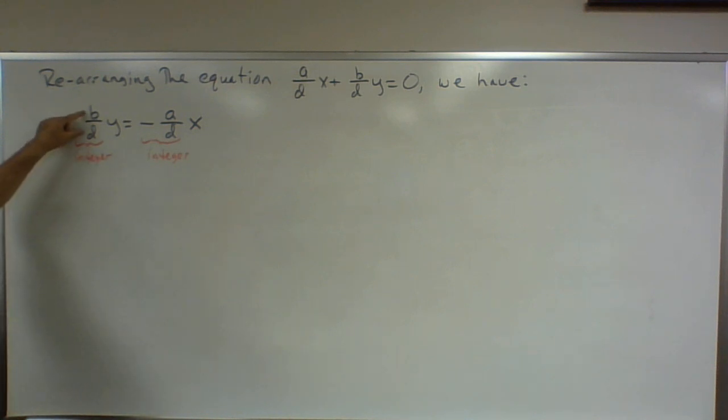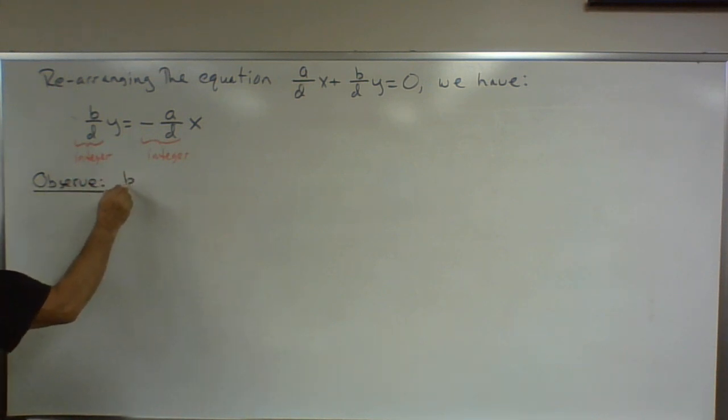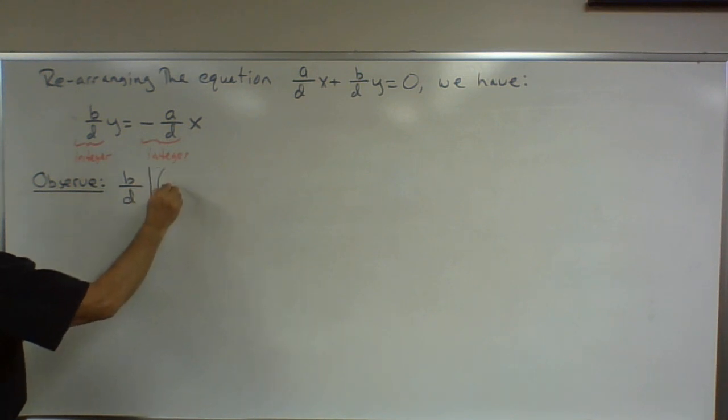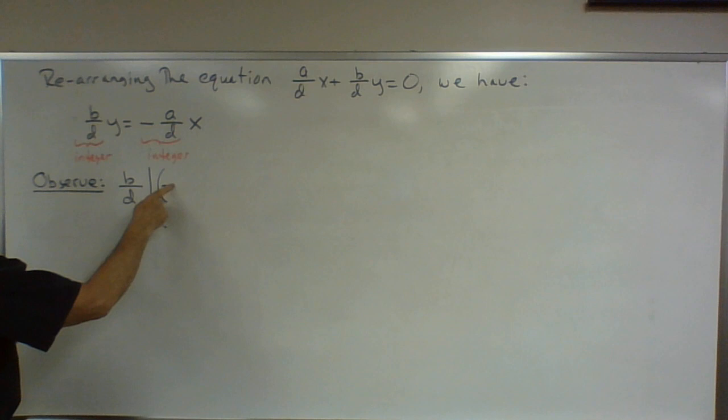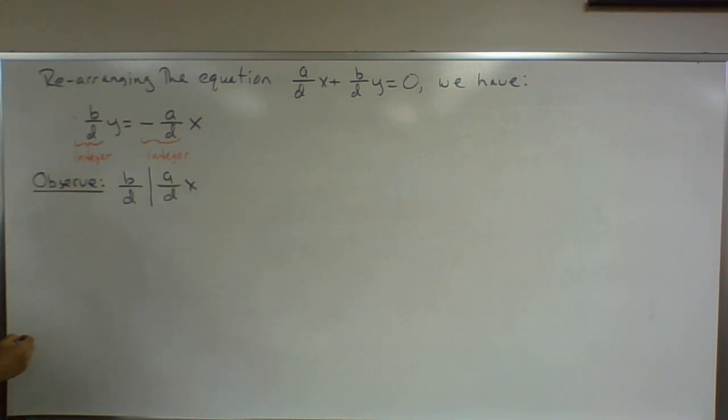And b over d and a over d are relatively prime. b over d divides negative a over d x, and we can just ignore the minus sign and say it divides a over d x.